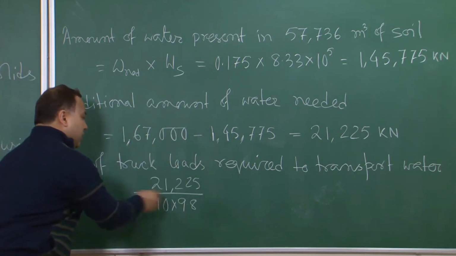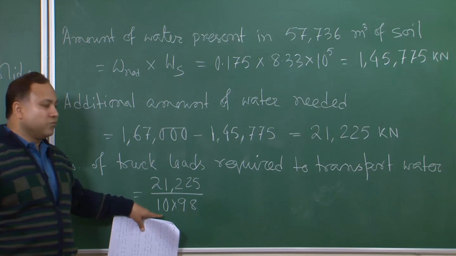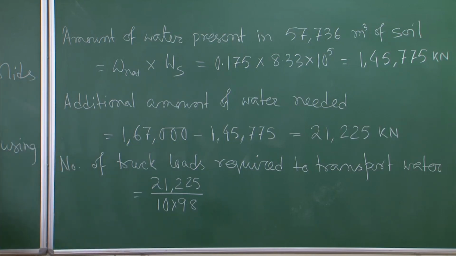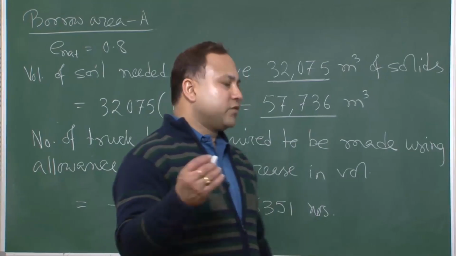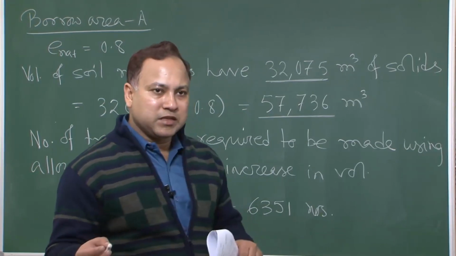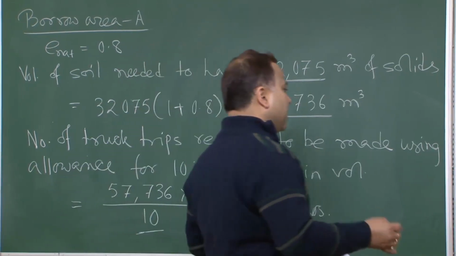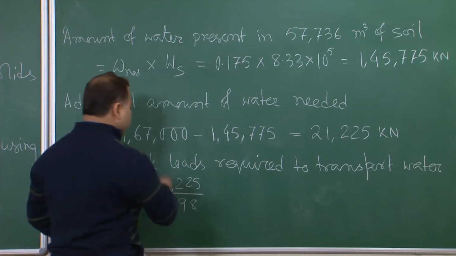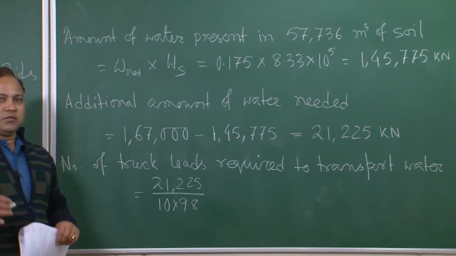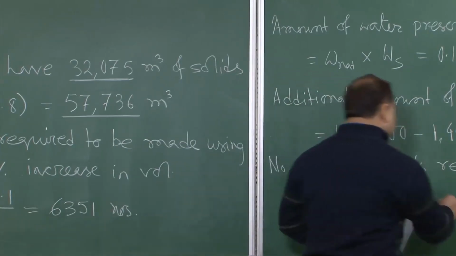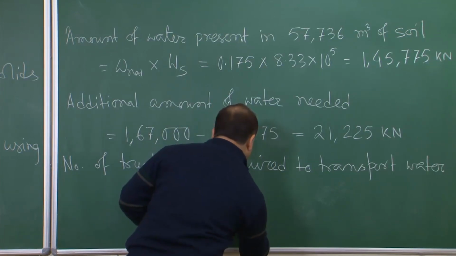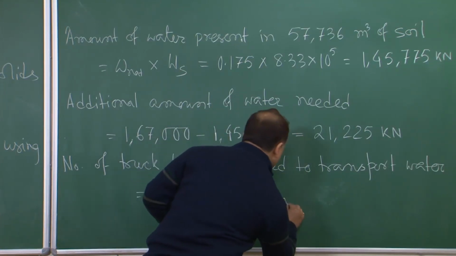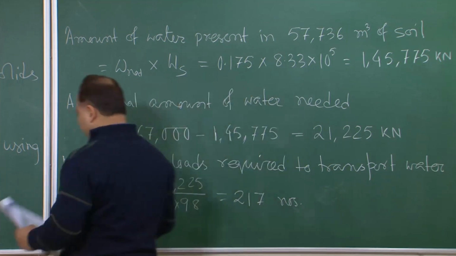So this is the total weight, and this is the weight which will be carried by the truck. So truck capacity is 10 cubic meter multiplied by the unit weight of water, which will give me the weight per truck. So that gives me 217 number of trips.